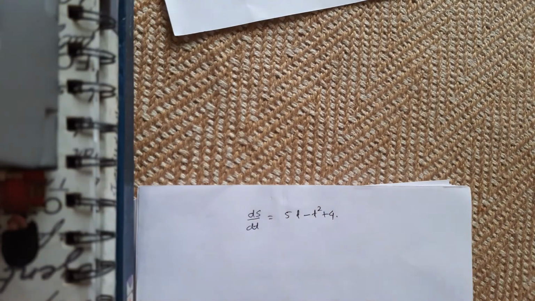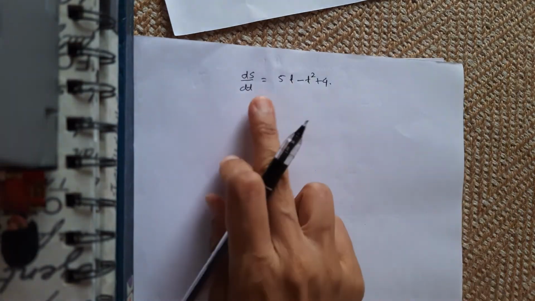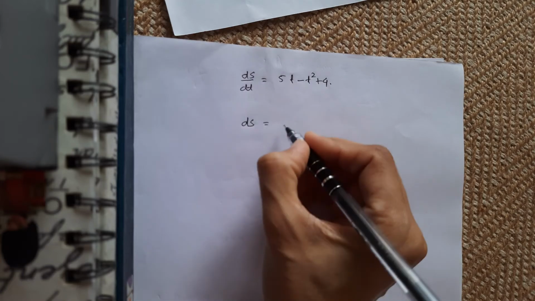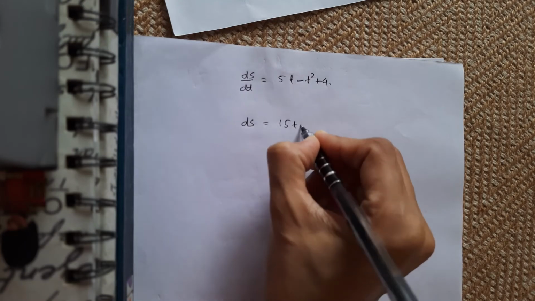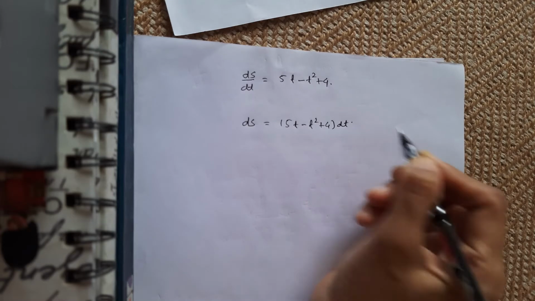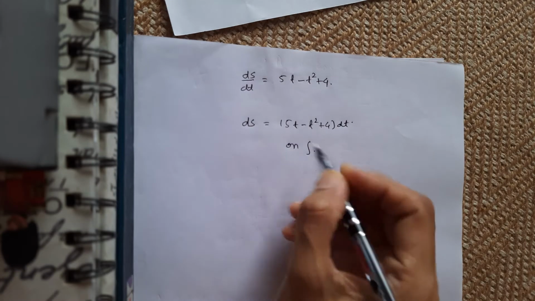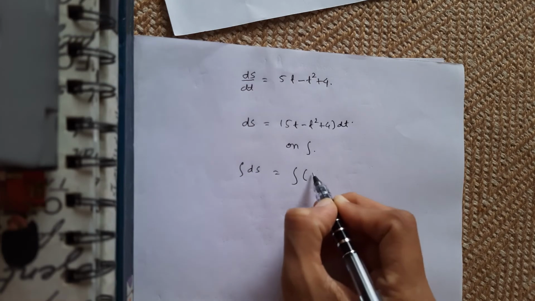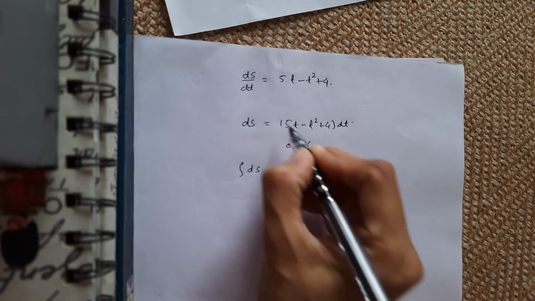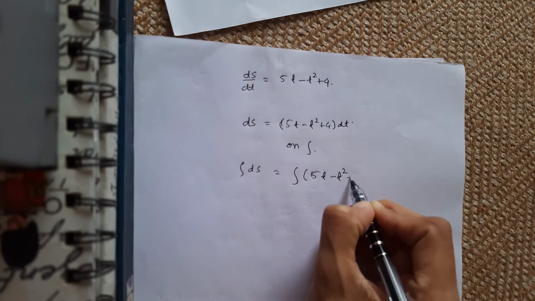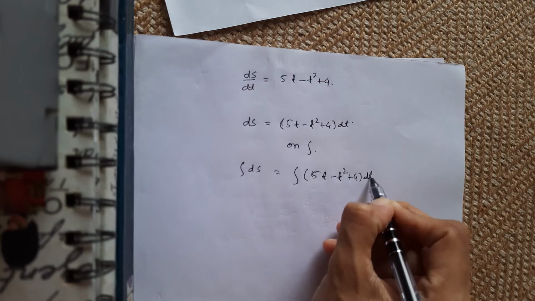Okay. Now again this is a variable separable form, so I will just separate it. ds equals (5t minus t square plus 4) dt. Okay. On integrating, I'll get the integral of ds equals the integral of (5t minus t square plus 4) dt.